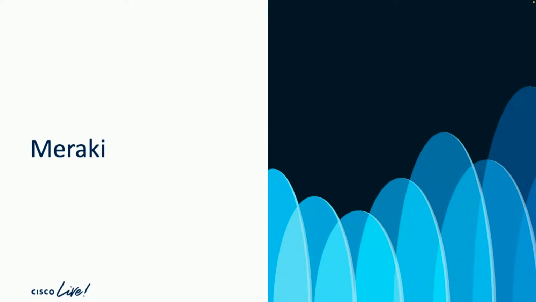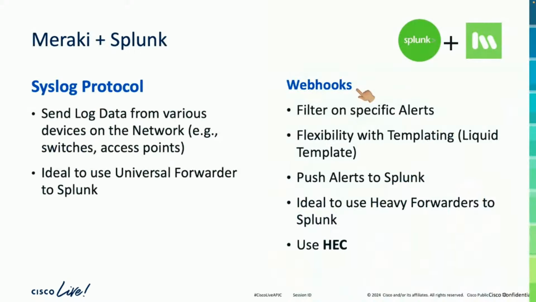All right, so we covered how we get data into Splunk itself. Now let's cover the configuration of Meraki itself and Catalyst Center, and then we'll put it all together in a demo. If we look at Meraki, there are a couple of things it supports. Meraki supports the syslog protocol, and this is where universal forwarders are useful.